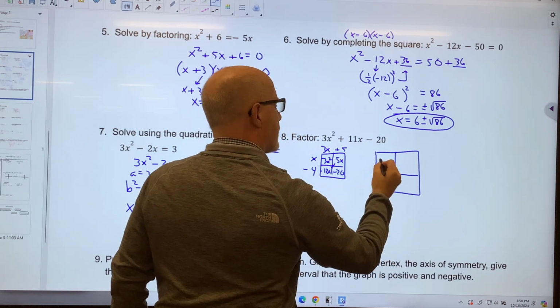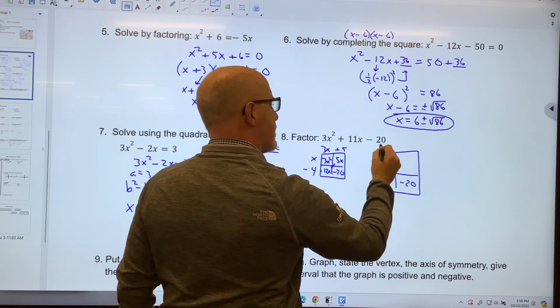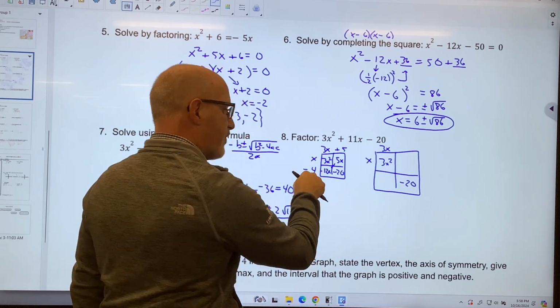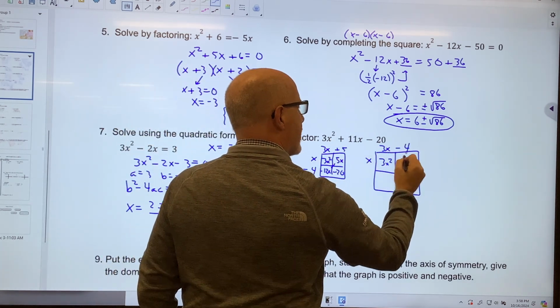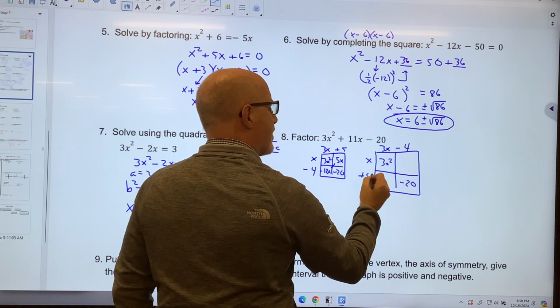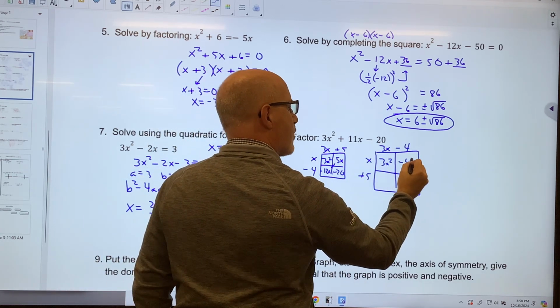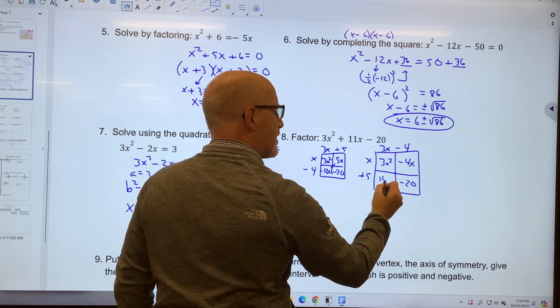So for this one, 3x squared still goes here. Negative 20 goes here. We still only have 3x and x as a choice for this. But let's flip-flop the negative 4 and the positive 5. Negative 4 here, positive 5 here. And let's go ahead and do x times negative 4 is negative 4x. 3x times 5 is equal to 15x.